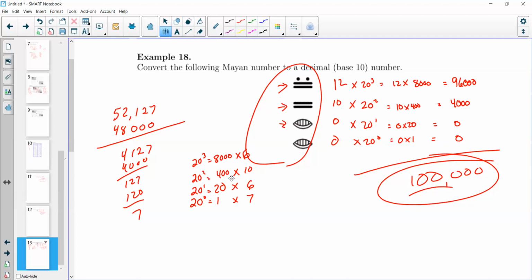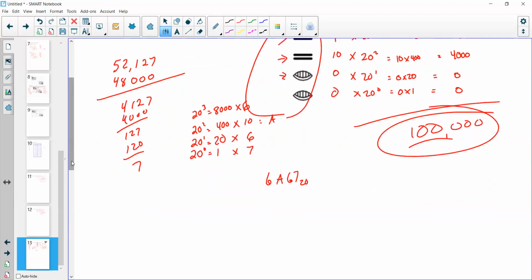Does it have the convert to base 20 first and then convert to Mayan on the homework, or is it just convert to Mayan? If I remember correctly, it's convert to base 20, then to Mayan. Okay, so this would be A, so we'd have 6, A, 6, 7, base 20. Okay, so I'm looking at 6, 10, 6, 7.